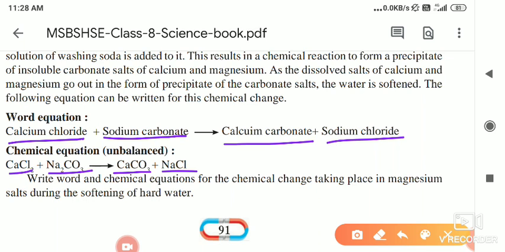Write the word and chemical equation for the chemical change taking place in the magnesium salt during the softening of the water.